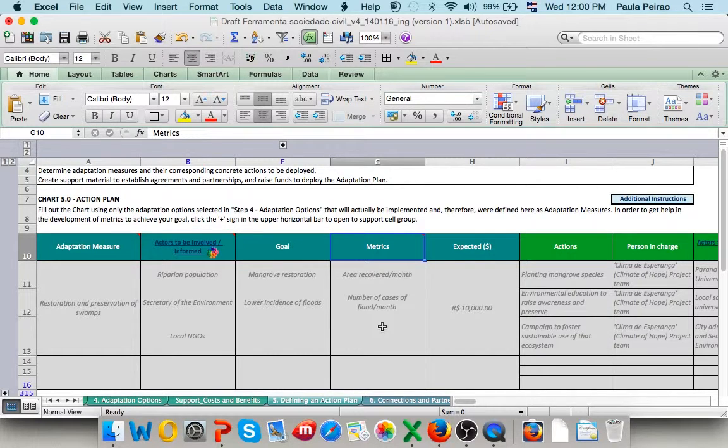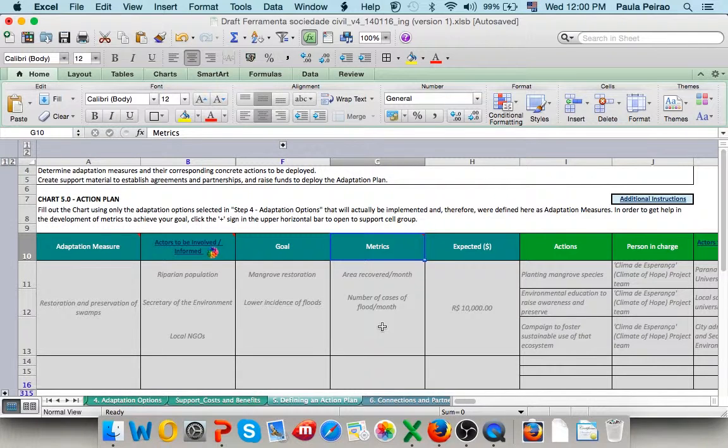It is recommended to use a set of indicators rather than just one. Jointly, the indicators can give an idea of the progress and the adaptation measures' contribution to the goal, instead of just saying whether a measure of adaptation was successful or failed.